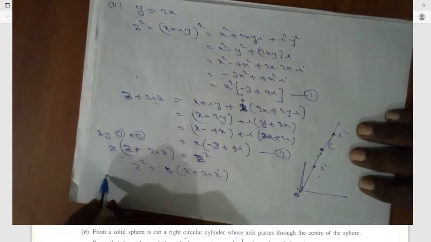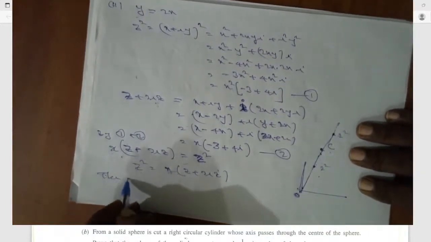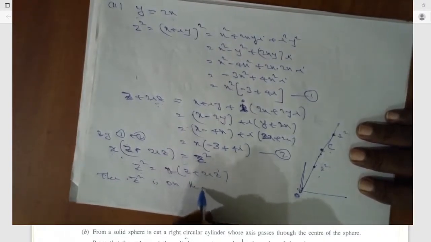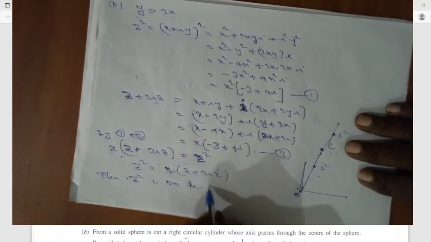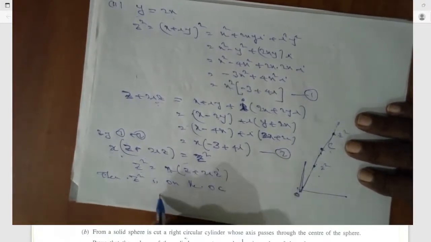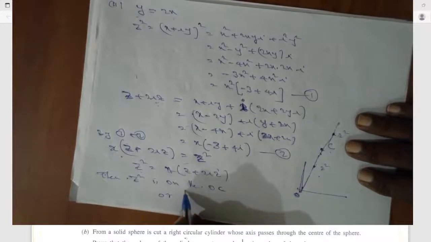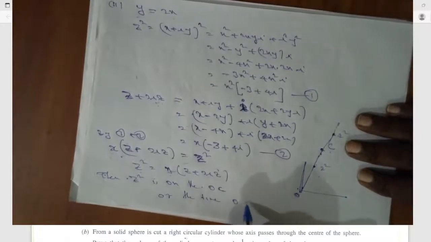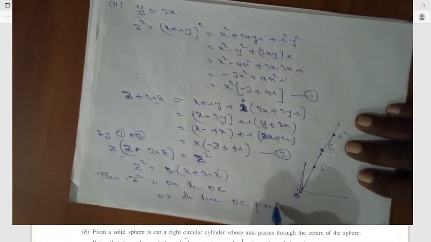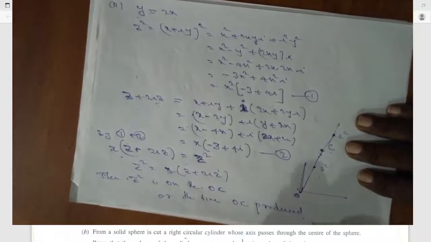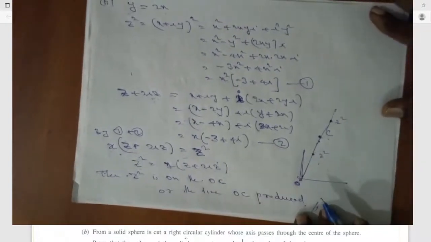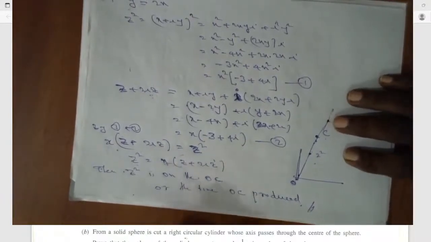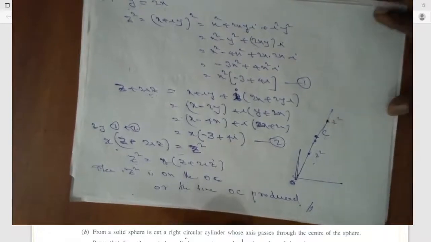OC, then z squared is on the line OC or the line OC produce, depending on the magnitude of x, right?